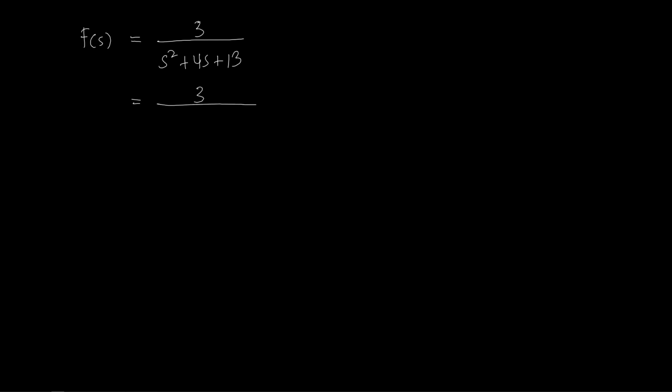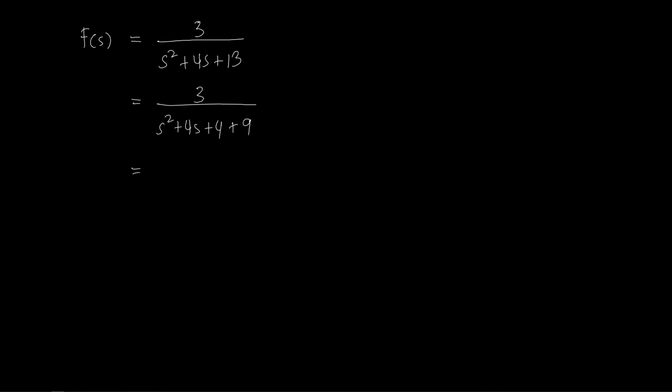So we have 3 over s squared plus 4s plus, half of 4 is 2, square it, that is 4. Right? Yes, sir. Then the 13, we split it into 4 plus 9. Did you get it? There's nothing confusing here, 13 is just made into 4 plus 9.